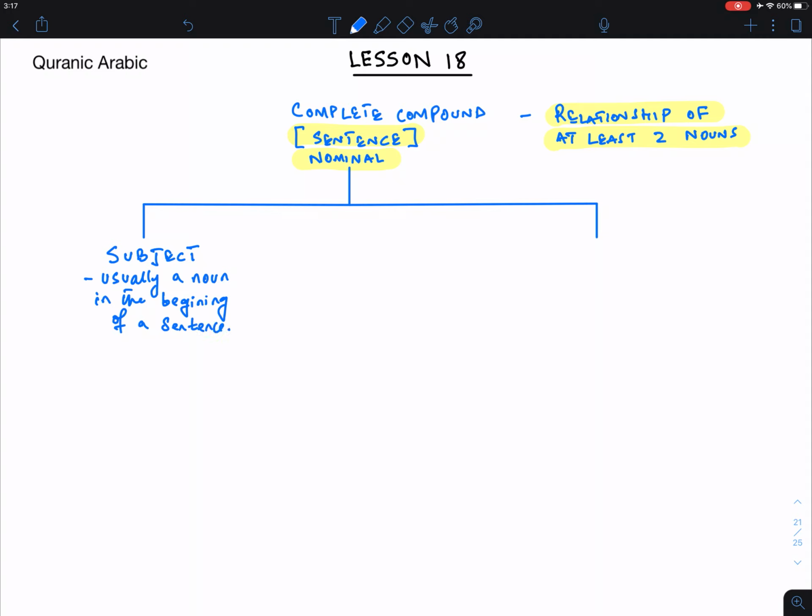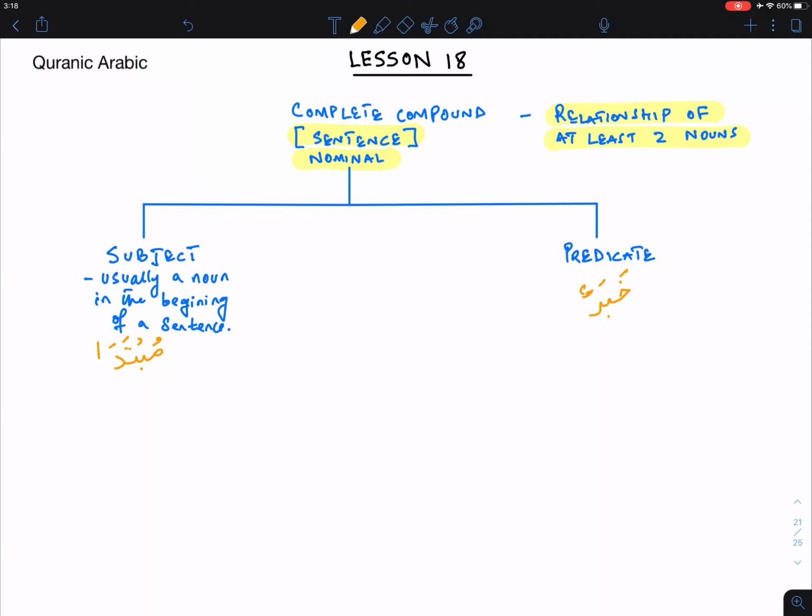The second element you need is a predicate. And that one is what comes after the subject, and it gives you information about the subject. Now in Arabic, the subject is called mubtada, and the predicate is called the khabar.